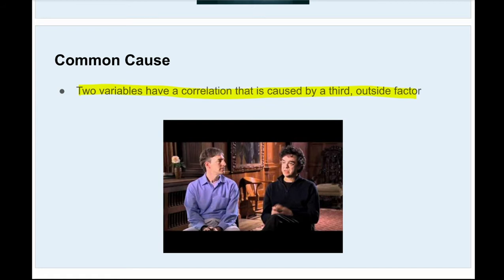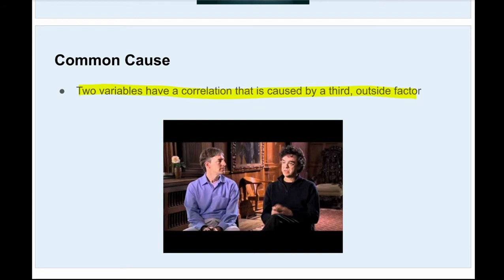If you click in the PDF on this image below, you'll see a small story about ice cream again. It seems to be that ice cream is a major killer. There's a video talking about a correlation between ice cream sales and polio.